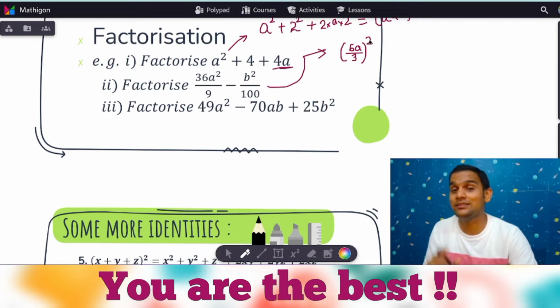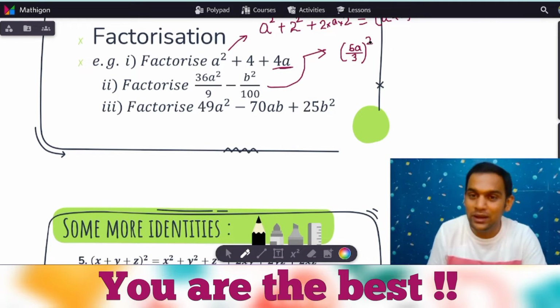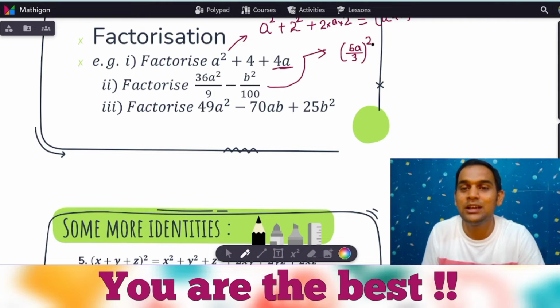Now, my question arises, why can we write that? We can write in that form because according to the law of exponents, (6a by 3) to the whole square means (6a) the whole square divided by 3 square. So when we go for (6a) the whole square, we get 36a square, which is the numerator. 3 square is obviously 9.